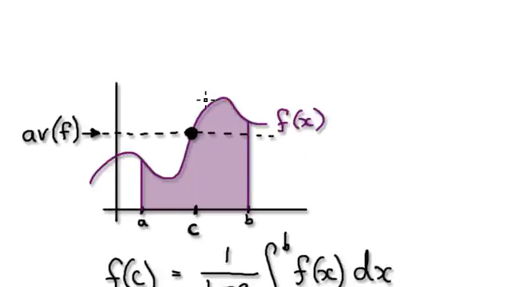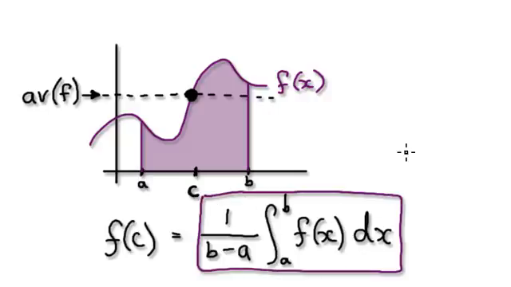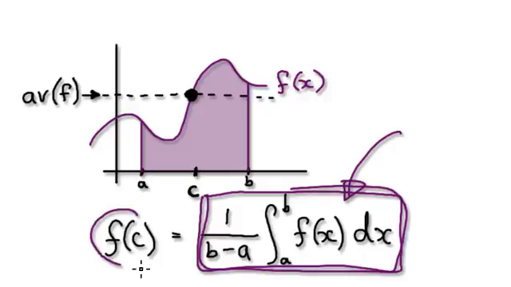Well, the next thing you should realize is that somewhere in between A and B, there is a C where our average height lies. Okay, so whenever you see this here, this whole thing here is the average height. Well, somewhere in between A and B, there exists a C where our average height lies.